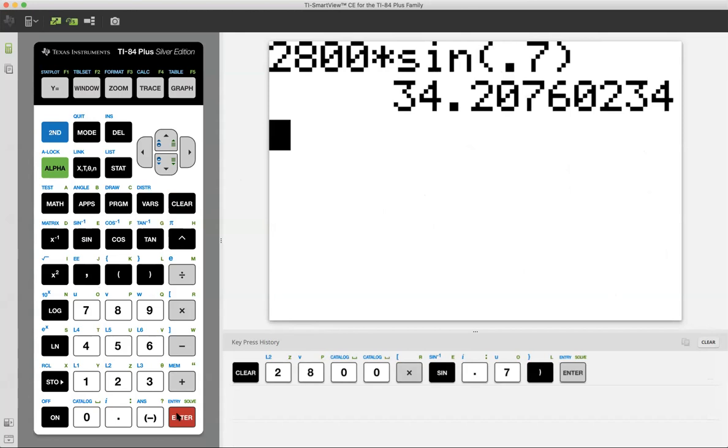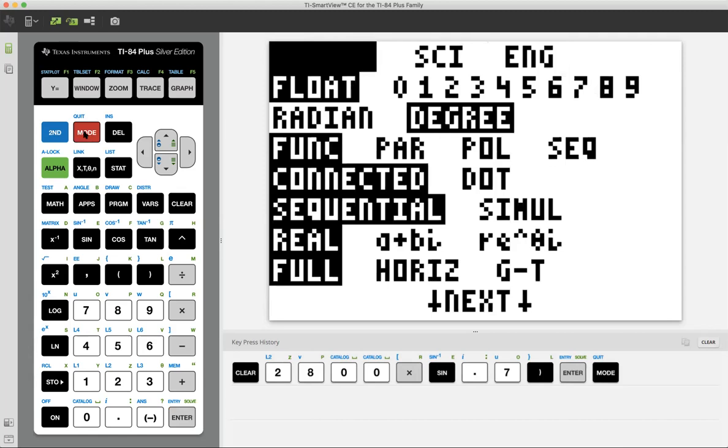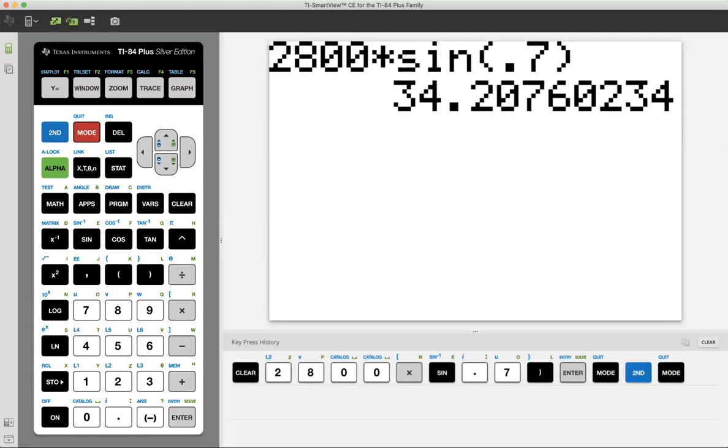And we get 34.2. It said round to the nearest whole number, so the nearest pound would be 34. 34 pounds. Okay, so that's it.